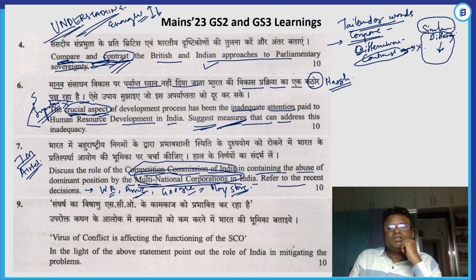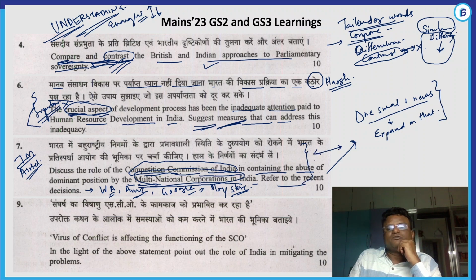Yeah, so there have been cases against these MNCs, but then how much do you remember is really a question. So here I have included this question: if you have read one small news item, how do you really expand on that? You have to develop that skill. There might be some questions like this where there is only a single liner as a part of your current affairs reading, but then how do you expand that, because you have to write that in 150 words, right?